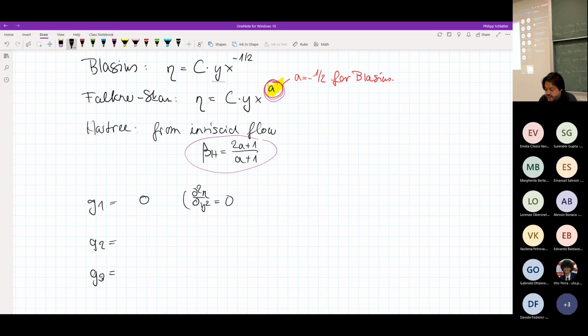And because we only have one y in here, this is anyway given. So for that we're fine. G2 is a little bit more complicated. There we have u_e divided by nu times the second derivative d eta squared dx dy, and then we had d eta dy to the power of 3.